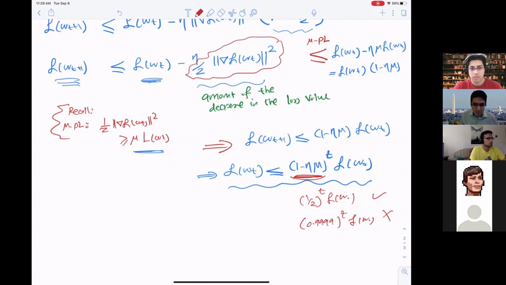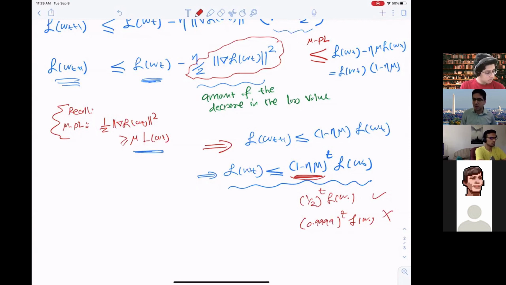Okay, does it mean the PL condition always does not hold for those losses whose global minima is strictly positive? That's a good question. Here we are showing just one direction, right? We basically showed that if we do have the mu PL condition, we have a convergence. I'm not sure if the converse is true. If you don't have a convergence, does it mean that you are violating the mu PL condition?